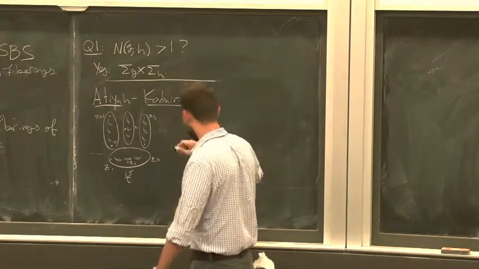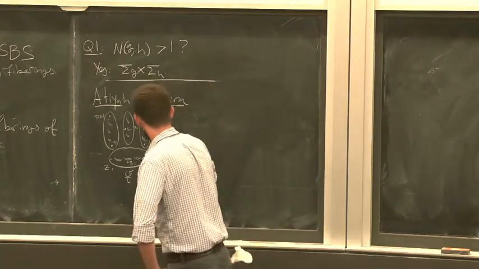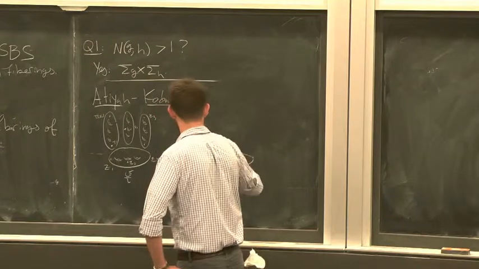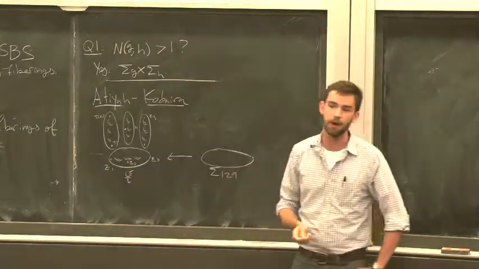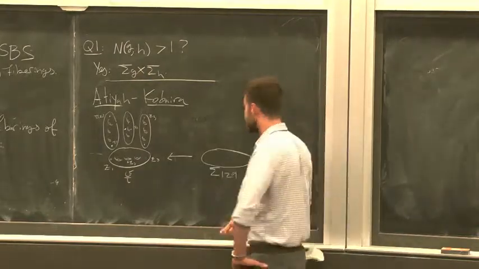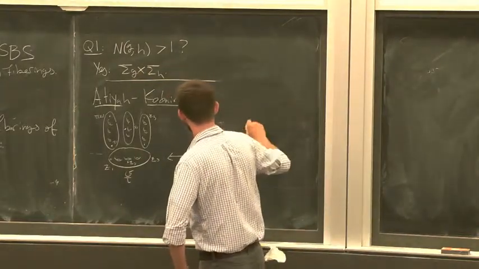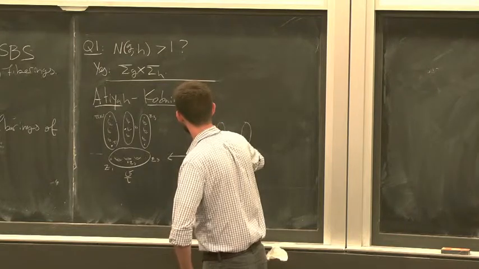So without saying too much more about this, you take some covering, and this is now going to be a surface of genus 129. This is the Z mod 2 homology cover of sigma 3. And you still have fibers of genus 3.